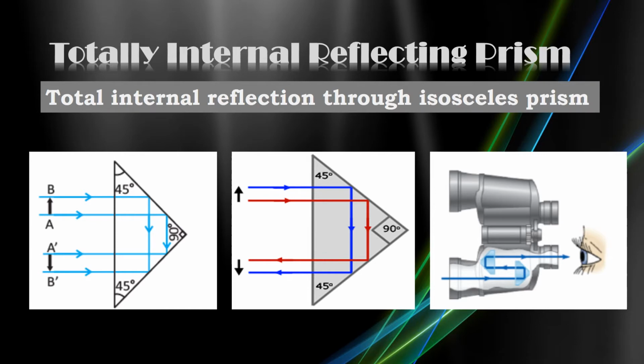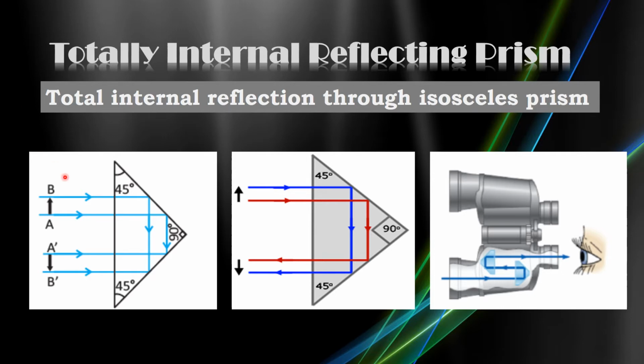Total internal reflection through an isosceles prism. Students, you can see here that besides a 90-degree deviation, an isosceles prism is used to produce a 180 degrees deviation, but this time reflection occurs on the equal adjacent sides of the prism and not on the hypotenuse.